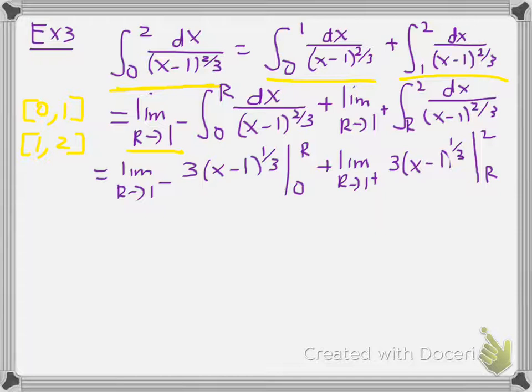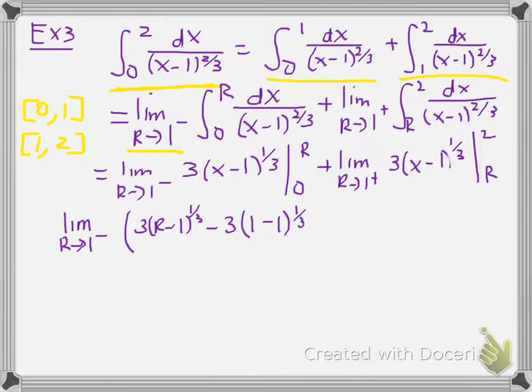Okay, so I'm not going to put an equal sign because we're just going to evaluate. So this will be the limit as r approaches 1 from the left of 3 times (r minus 1) to the 1/3 minus 3 times (0 minus 1) to the 1/3. I'm sorry, that should be 0, right? Okay, I knew something looked funny. All right, 3 times (0 minus 1) to the 1/3.